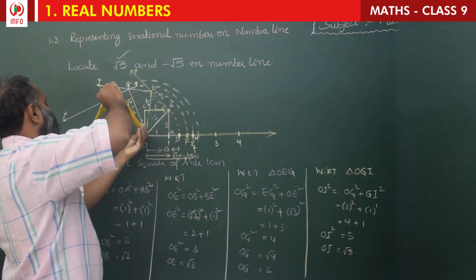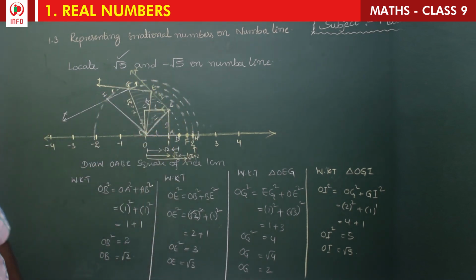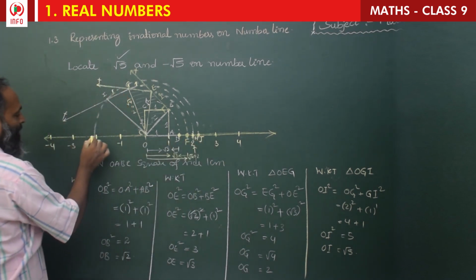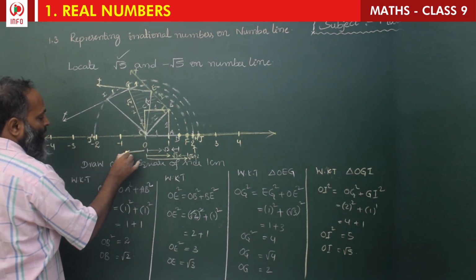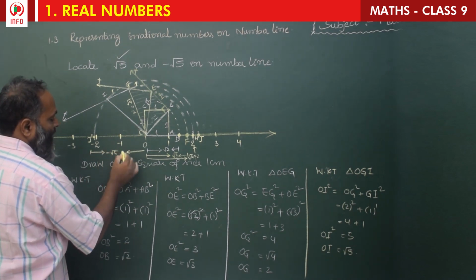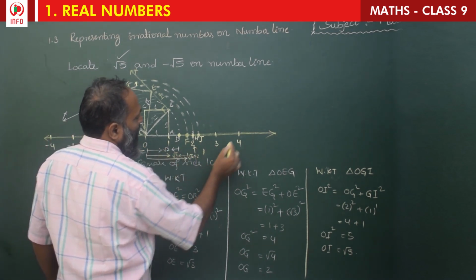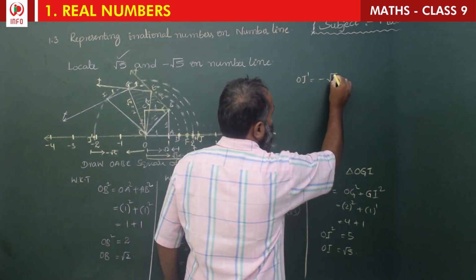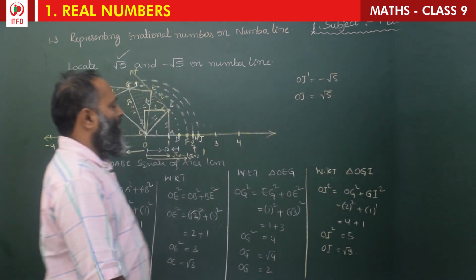So here it cuts at J, and here you take J dash. O to J dash is minus root 5, and O to J is plus root 5.